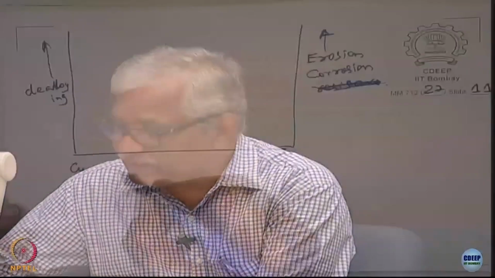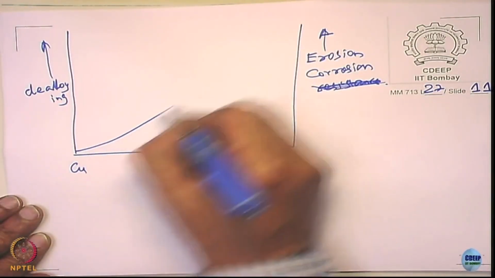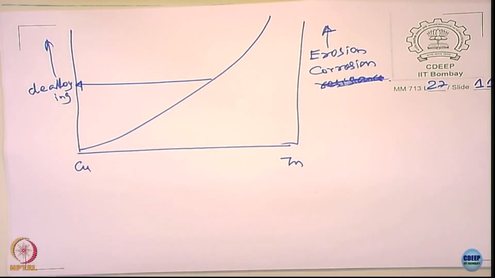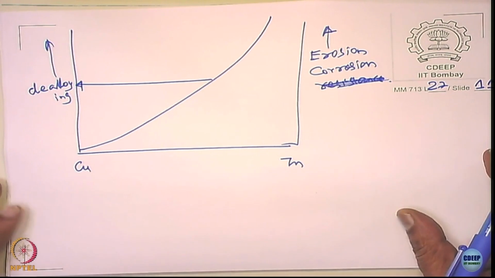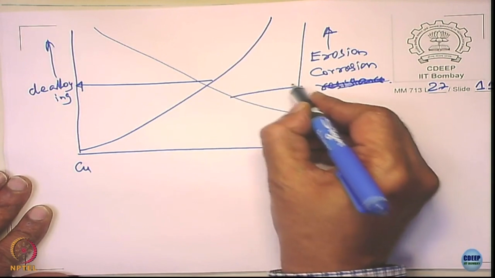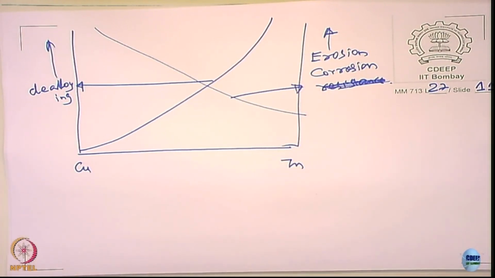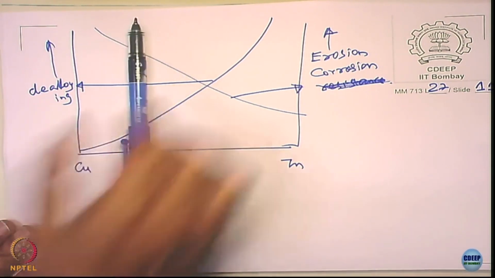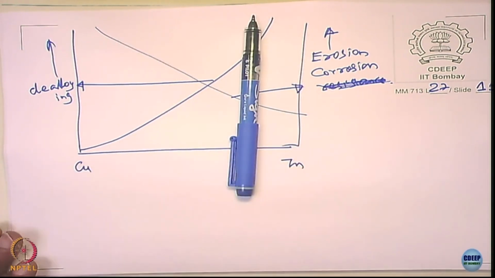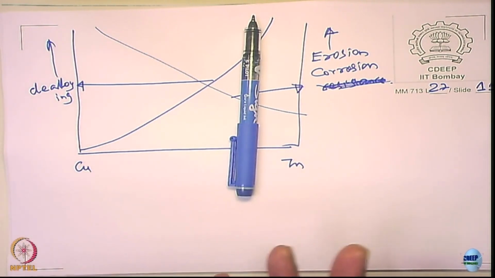As far as de-alloying is concerned, this will go like that, and this corresponds to this, right. So what will happen for erosion corrosion? Something like this. Now depending upon which is the dominant mechanism, if there is no flow, very low velocities, probably you choose alloys of this region. But if high velocities, you try to choose alloys somewhere here. Otherwise, instead of de-alloying, they will fail by erosion corrosion damage.